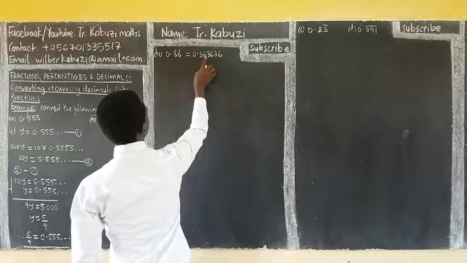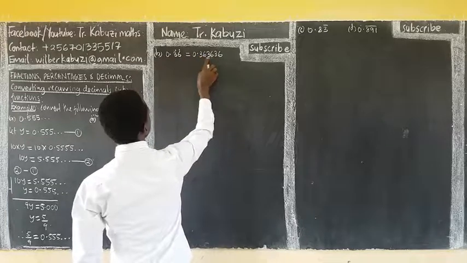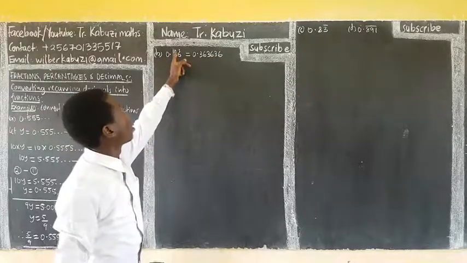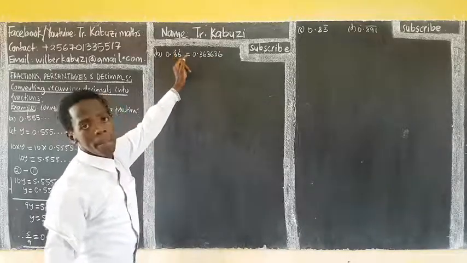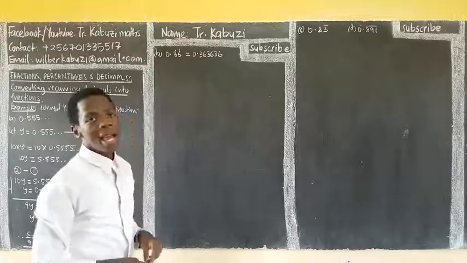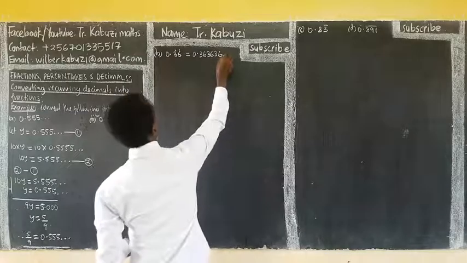The other one will just put a bar on top, 0.36 with a bar. That means that now it will be 36 repeating. The same idea there. So this is the recurring.